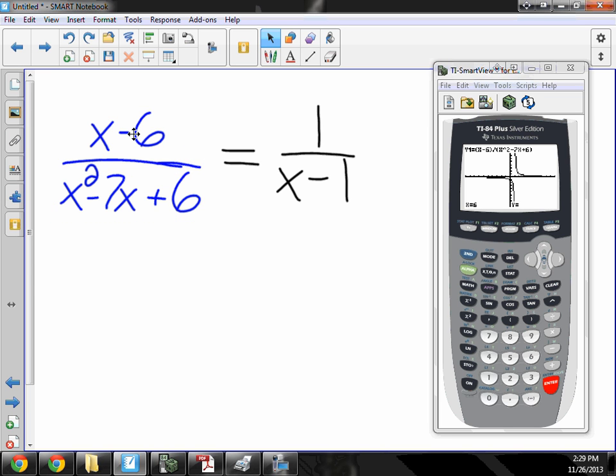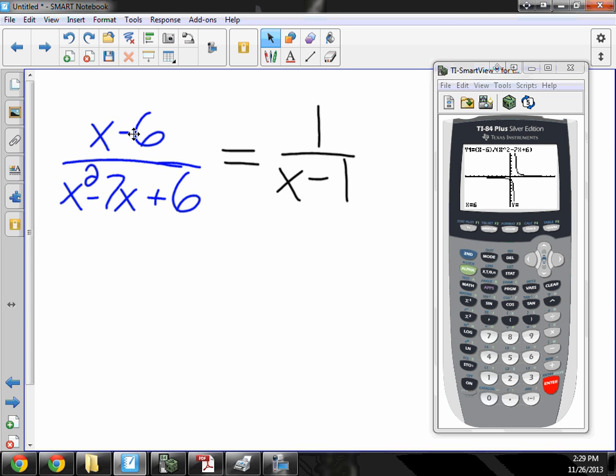Okay, so what's the difference between these two graphs? There's one difference. The hole. That's the only difference. If you were to graph this one or you were to graph either one, they look exactly the same. The only difference is the hole. So the original one has a hole and the second one does not.